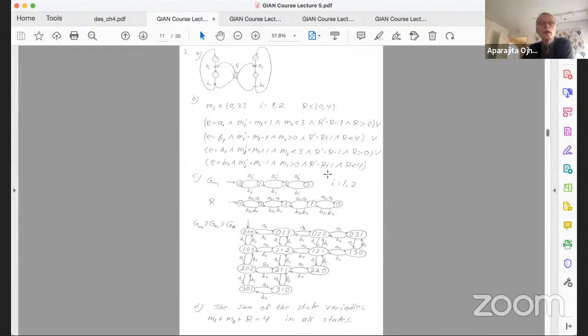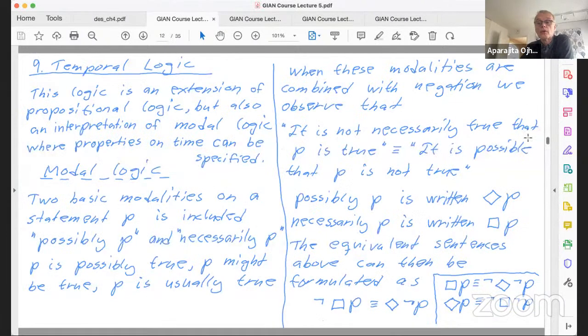And here was the original model, and here are some updates of both M and R. And you see it generates the similar type of logical equations as we have seen before.